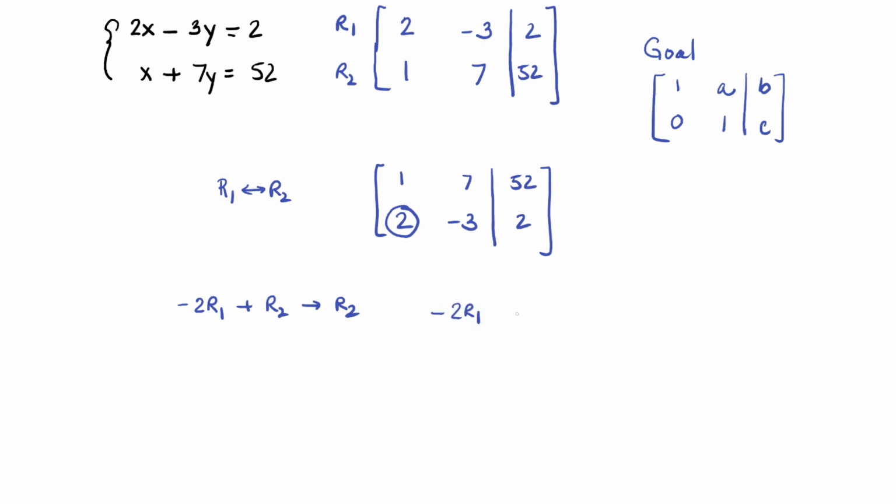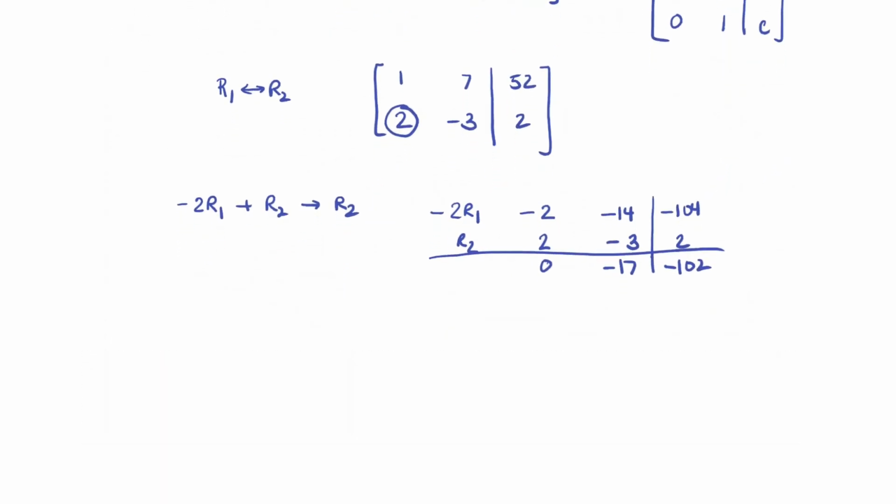So here is how that plays out. Negative 2 row 1 is the row of numbers negative 2, negative 14, followed by an augment, and then negative 104. Row 2 is 2, followed by negative 3, followed by 2. If we add those together, we have 0, negative 17, and negative 102.